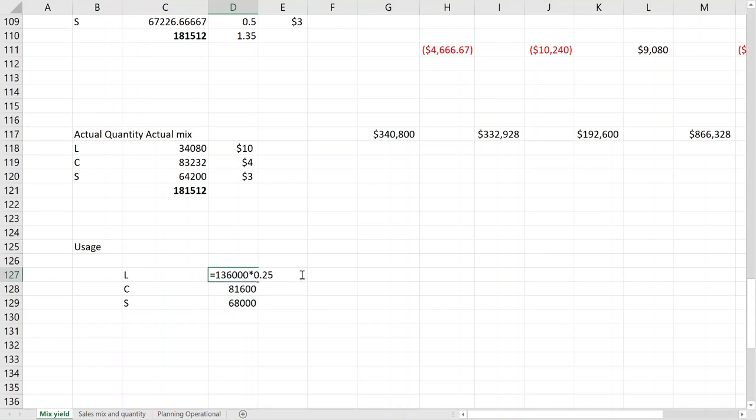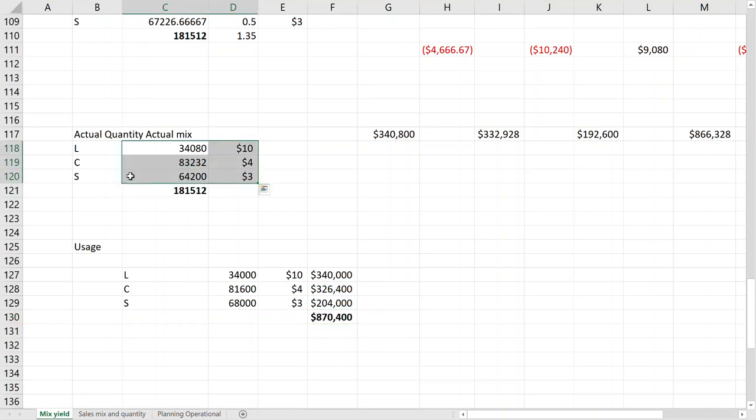In terms of price, if we multiply by price, we have $10. Because the price is separate, that's why I first have to multiply by price. This is how much we would have used in standard, okay?